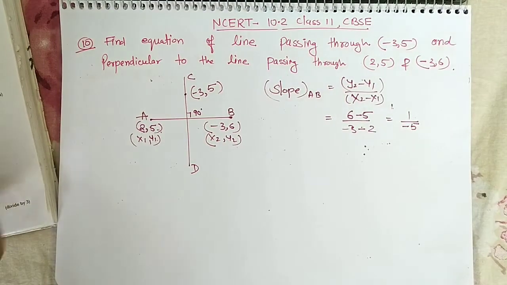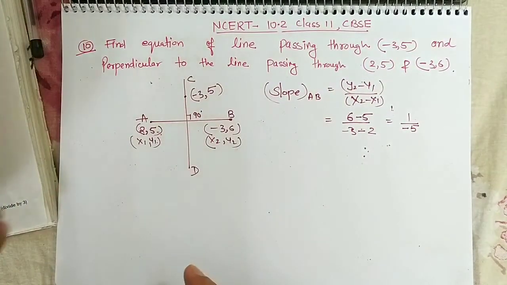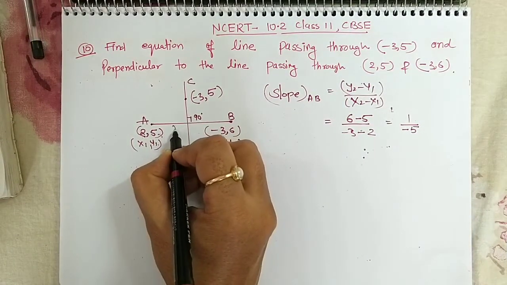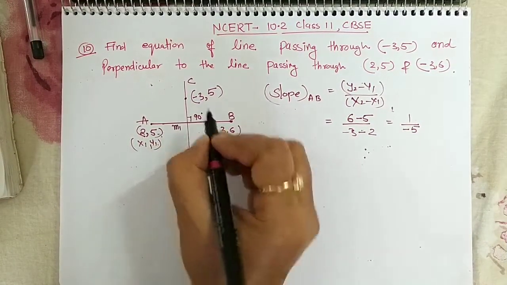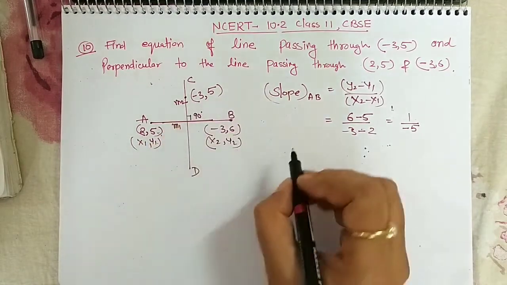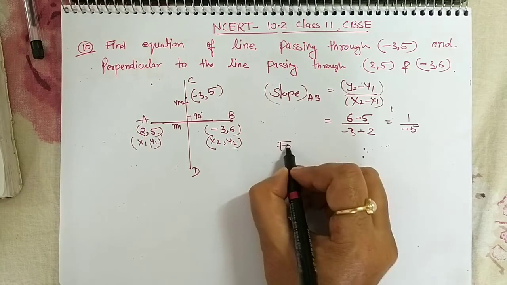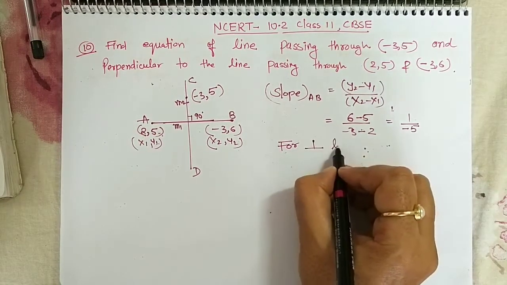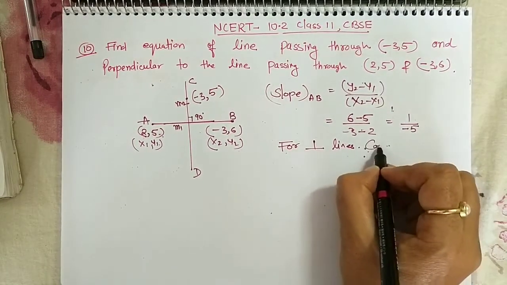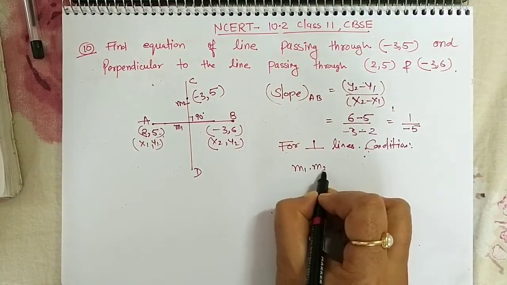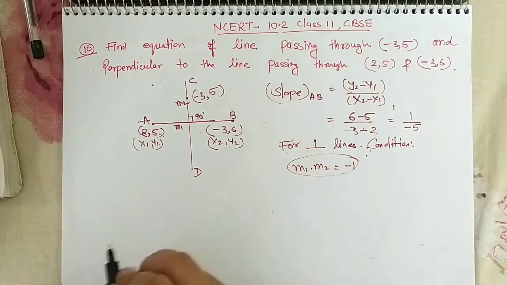Okay, so now they are asking about this line. We have one piece of information, if you remember: if two lines are perpendicular, the slope of one line is m1 and the other line is m2. So what is the condition? Write down: for perpendicular lines, the condition says that m1 into m2 should be -1.